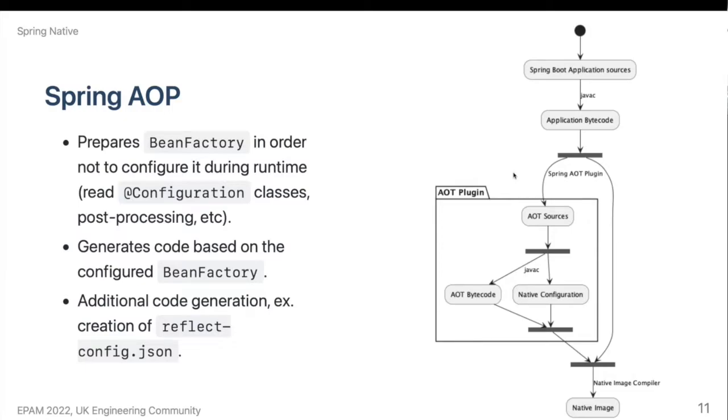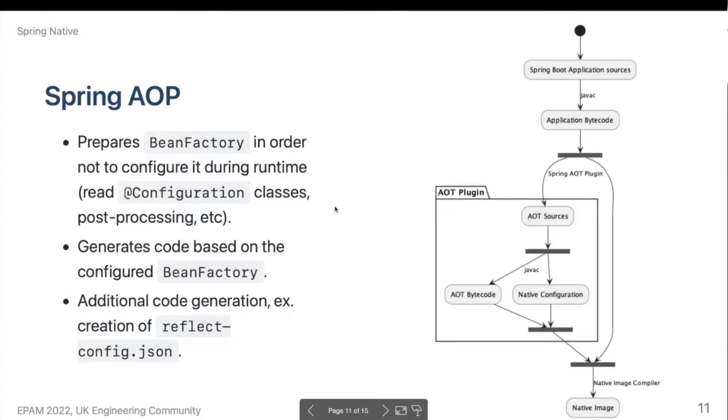If, for example, you have a complicated bean configuration, or you somehow configured your bean factory, it will be evaluated during compile time, and additional classes which perform this configuration will be generated. If you are using conditionals, they will also be evaluated, and you will have an application which is built for one particular configuration. And next, of course, compilation will happen and the native image will be built.